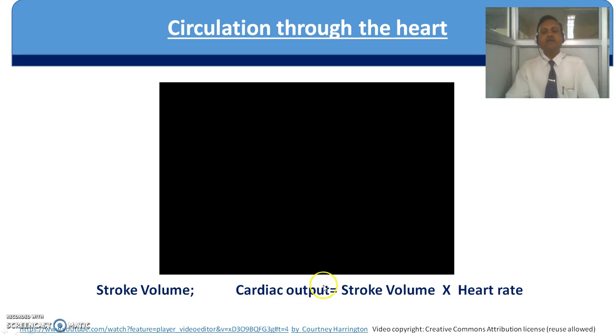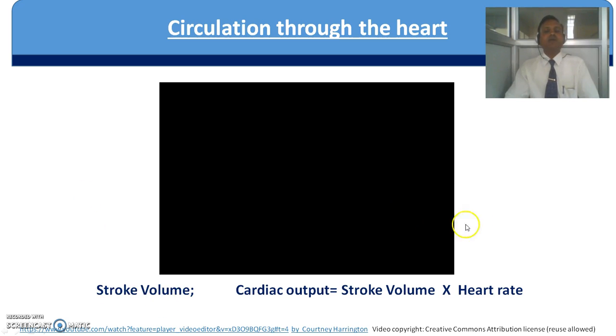Obviously, cardiac output will mean stroke volume multiplied by heart rate per minute. So cardiac output tells us about the amount of blood that is pushed into the aorta by the left ventricle in 1 minute, and stroke volume tells us about the amount of blood pushed into the aorta in 1 heartbeat.